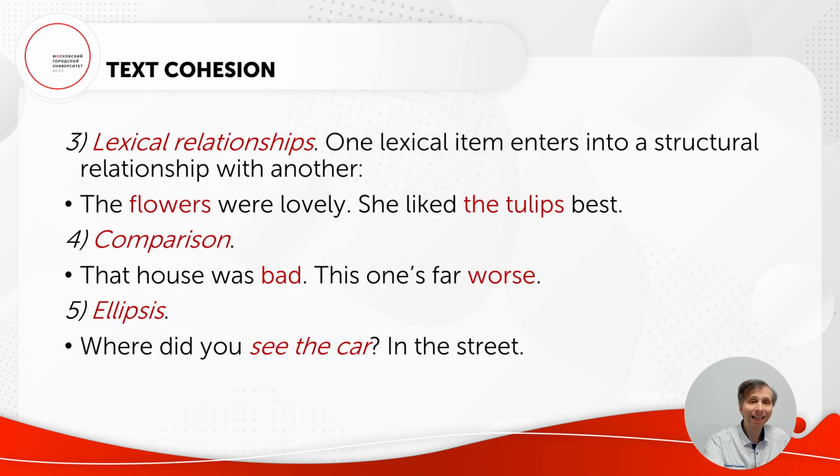Then the lexical relationships. These are synonyms, antonyms, hyponyms, and meronyms. Comparison, where we have the two compared items, and ellipsis, which is introduced in the later segment of the text and makes you look for the missing information in the previous segments of the text.